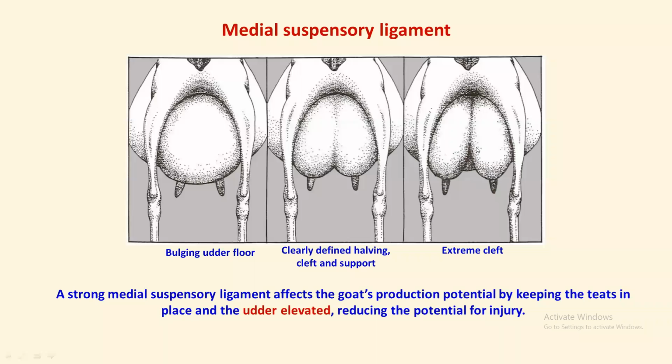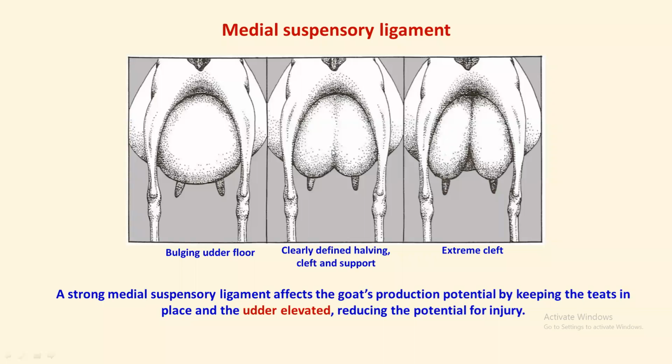The udder cleft should be as deep as possible, because only if the udder cleft is deep will the separation of the left and right udder quarters be greater. A strong medial suspensory ligament affects a goat's production potential by keeping the teats in place and the udder elevated, reducing the potential for injury.